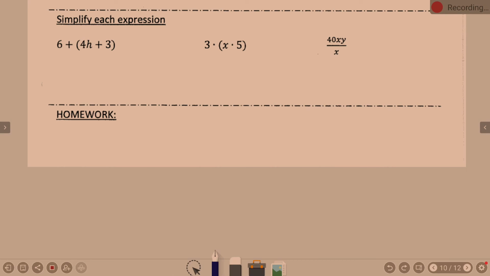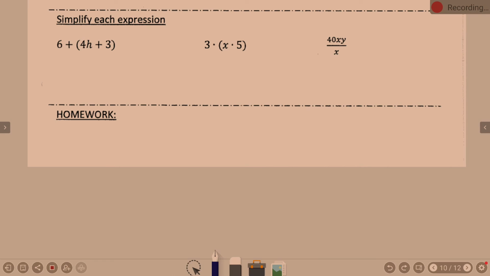So thoughts on 6 plus, and then parentheses, 4h plus 3? Officially we are supposed to add 4h and 3 first. Can I add 4h plus 3? Yes. No, you cannot. I don't know. Okay.